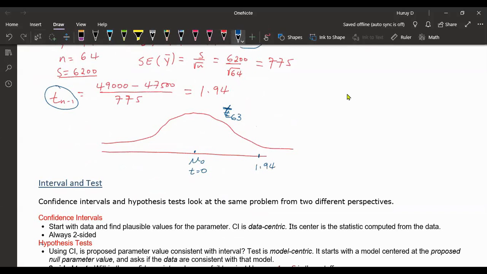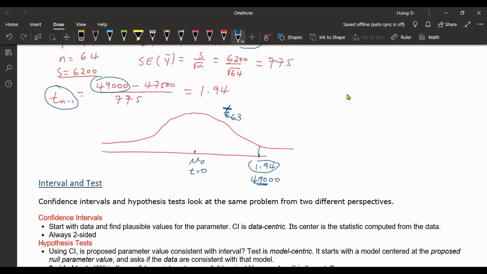Okay. Now, from the Z model, or from the normal model, if you remember, we would use these values as a distance in standard deviations from the center. So what we are saying is our Y bar, which is this guy, is 1.94 standard deviations far from this center.